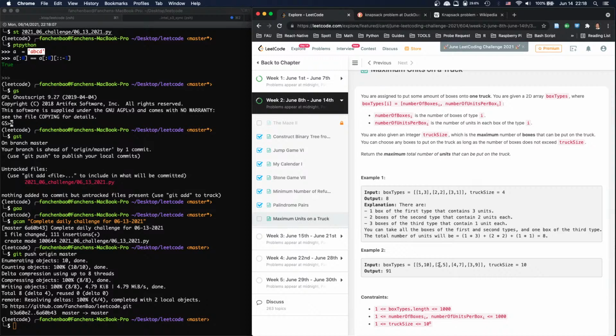And dp4 is going to be, we cannot take this one. Oh, is this the same? We just cannot take the value anymore. We just have to skip.